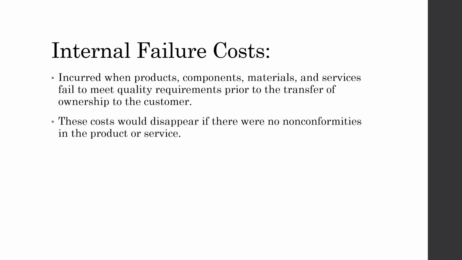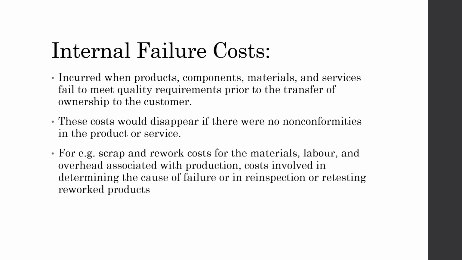Now these would naturally disappear if there were no non-conformities in the products and services. Following are some of the examples of internal failure costs. Now, as a total quality system is implemented and becomes effective with time, these would decline. Less scrap and rework will result as the problems are prevented from happening in the first place.